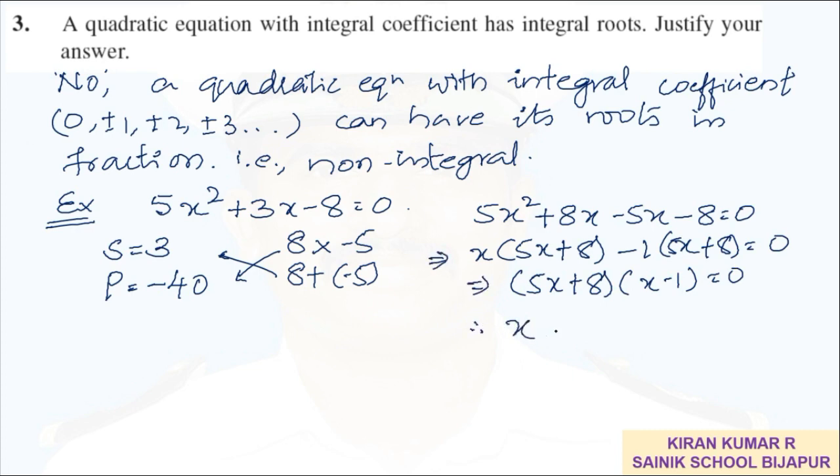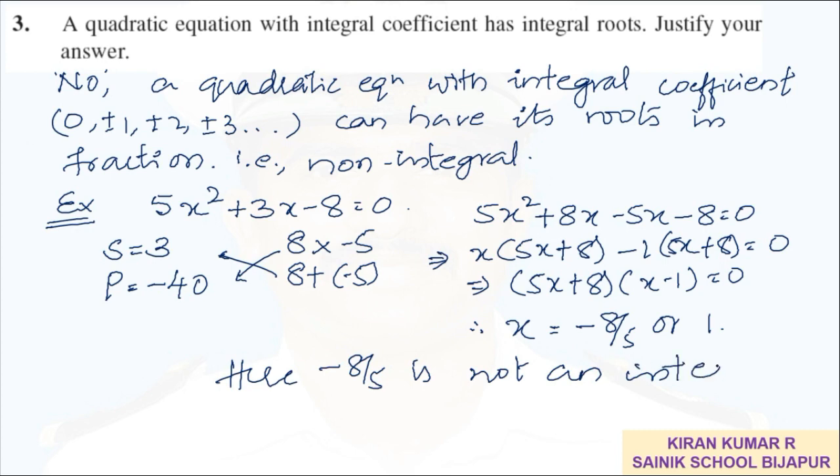Therefore, the value of x is negative 8 by 5 or positive 1. Here, negative 8 by 5 is not an integer. So the given statement is not true. It's a false statement.